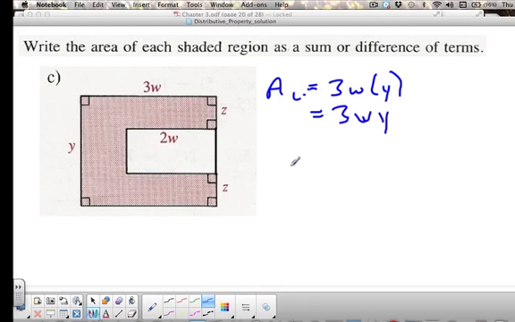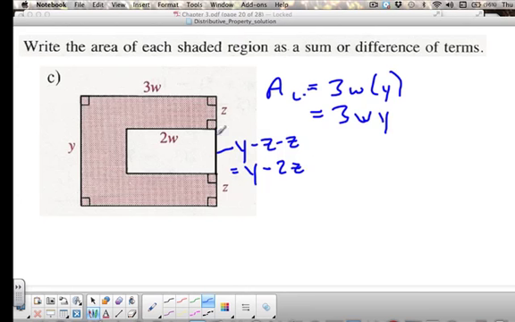Now, this smaller rectangle, well, this side is z, this side is z, and this long side is y. So this side has to be equal to y subtract z, which is equal to y subtract 2z.